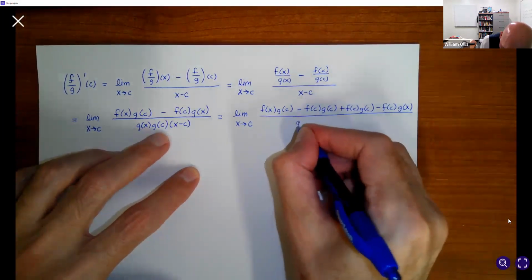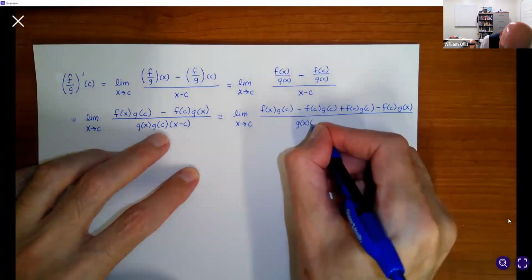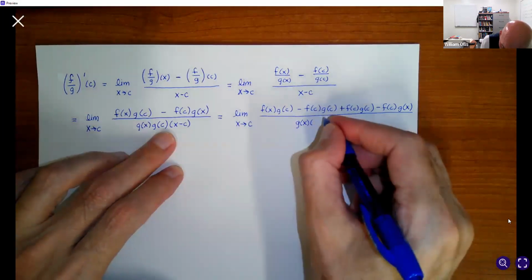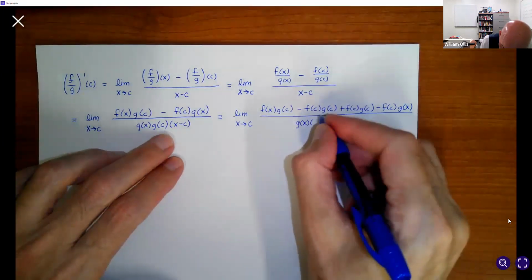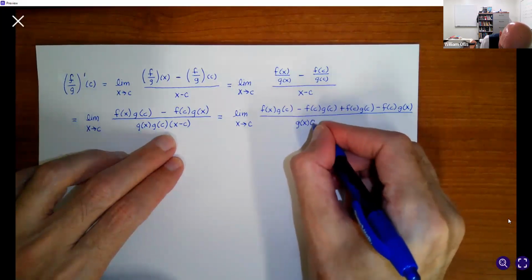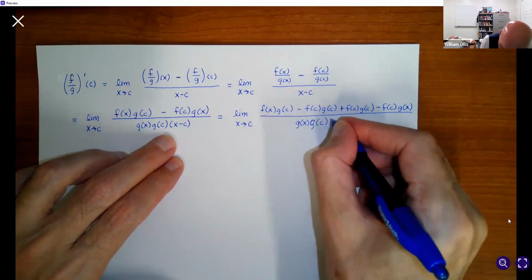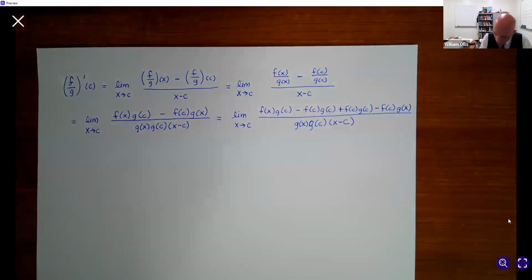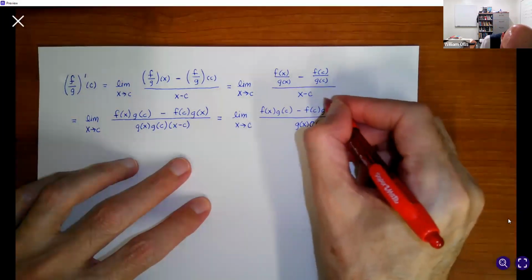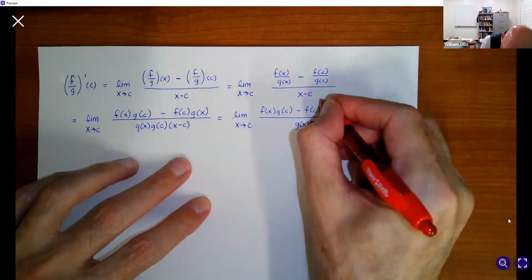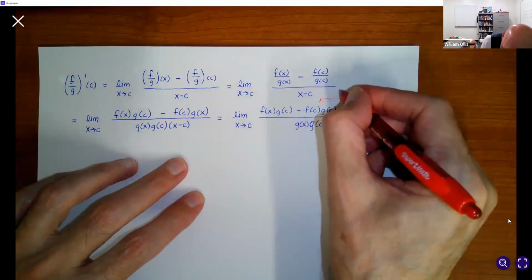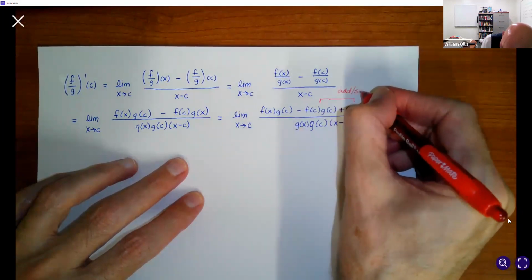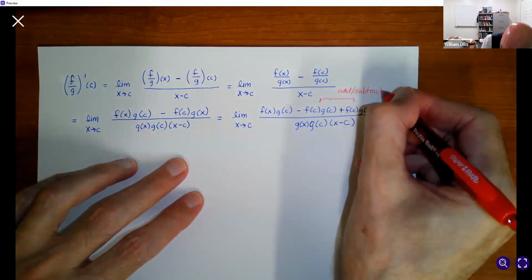And then the nice part about this is that, as we look at what we have, we can move the x minus c into the numerator and have fractional equivalence that will give us the difference quotients that we need. So note here, we have the add and subtract. So these two terms here, we just say add/subtract. Of course, I subtracted first, but the add/subtract is the mechanism we're using.